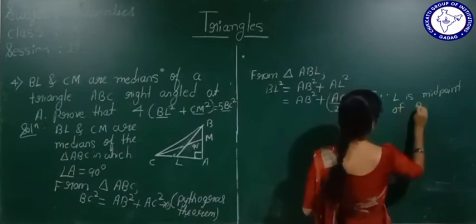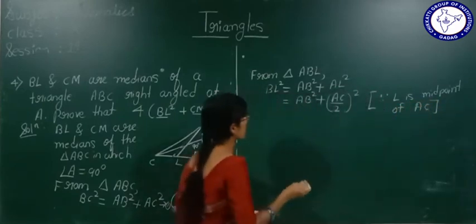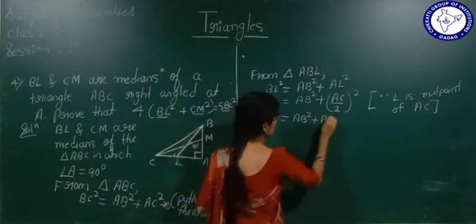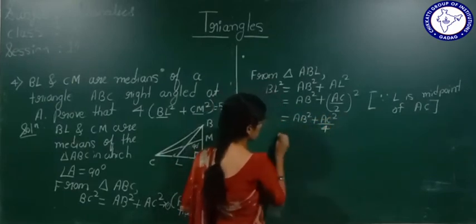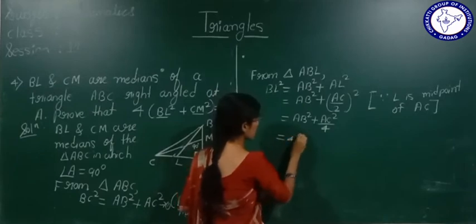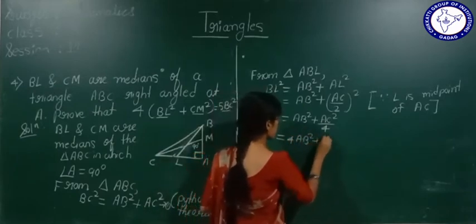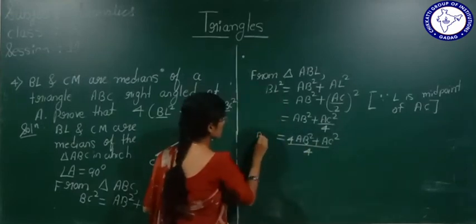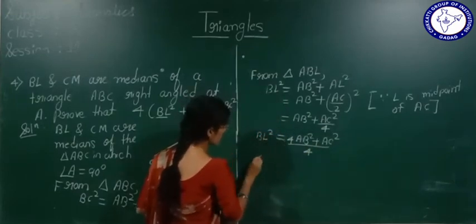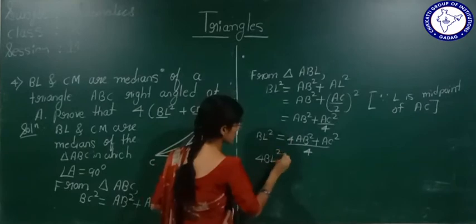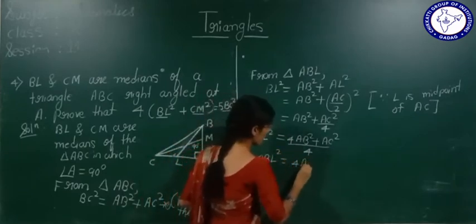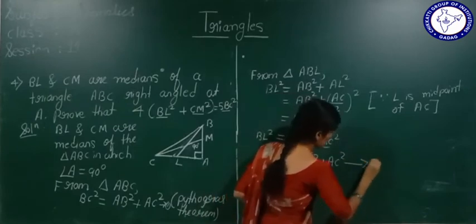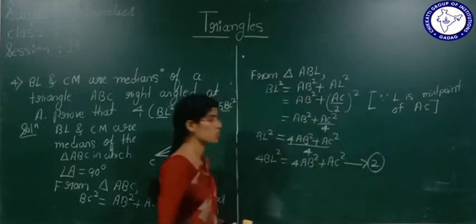Now we will simplify this. AB square plus AC square by 4. So this implies 4BL square is equal to 4AB square plus AC square. Call this equation number 2.